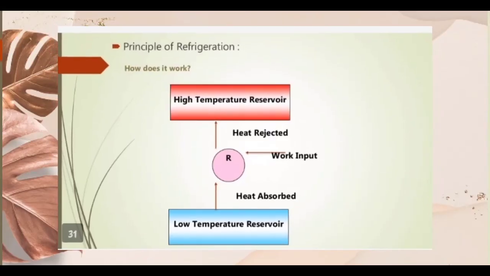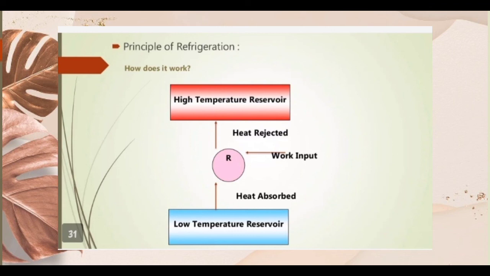Principle of refrigeration. How does it work? So, refrigeration and air conditioning is used to cool products or a building environment. The transfer of heat from a low temperature region to a high temperature one requires special devices called refrigerators.